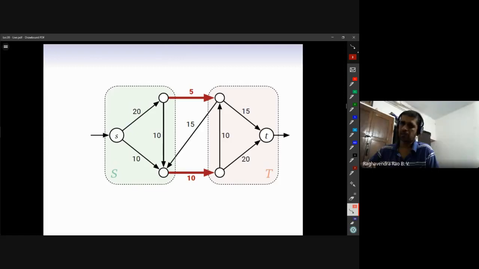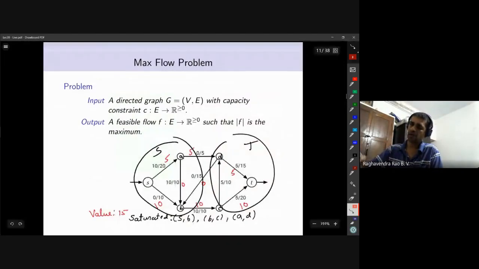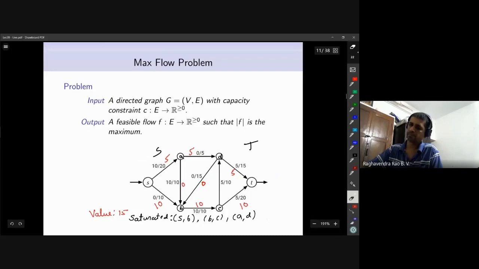So for example, in this same graph, let's delete this. If you had considered this cut, I can have this as a cut, right? What are the edges that will contribute to the cut?